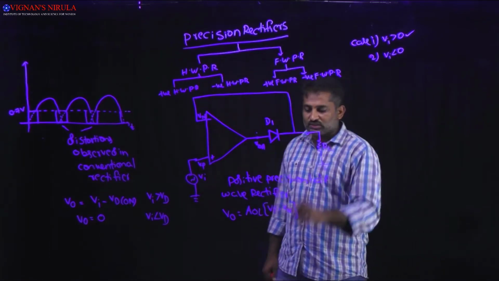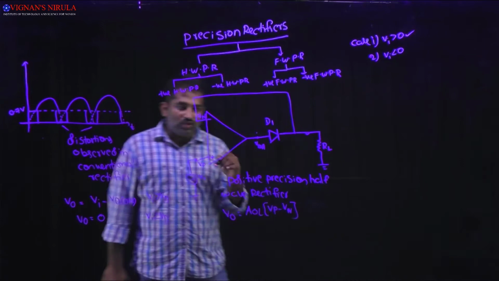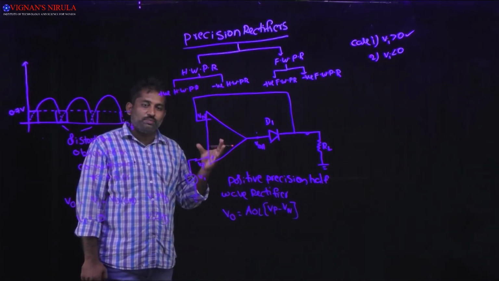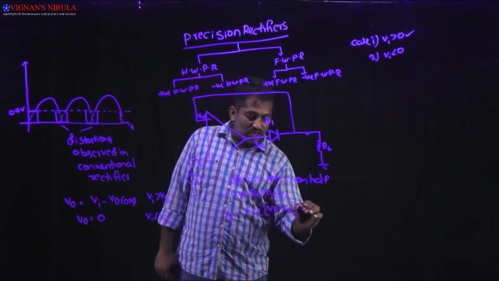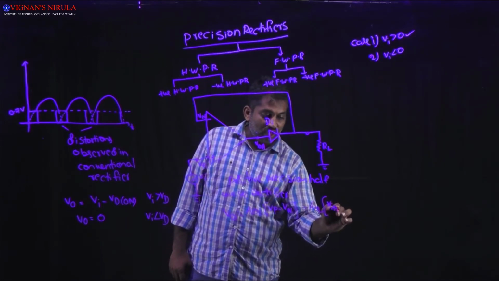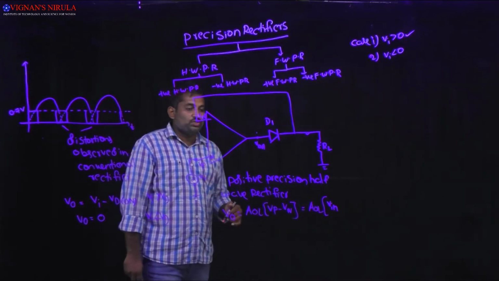So V0 is equal to A0L into (Vp minus Vn), where Vp is nothing but Vi, which is greater than 0. So Vp is a positive wave. We will get V0 equal to A0L into Vp, meaning Vin, and I am assuming initially Vn is equal to 0.